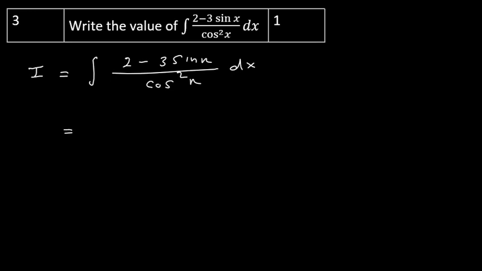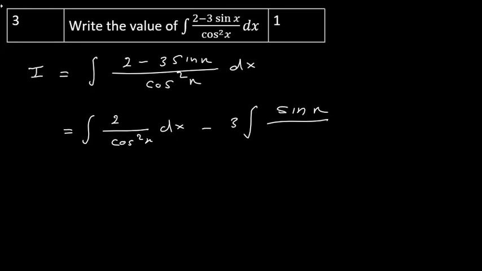So this becomes 2 upon cos square x minus 3 sin x upon cos square x dx.